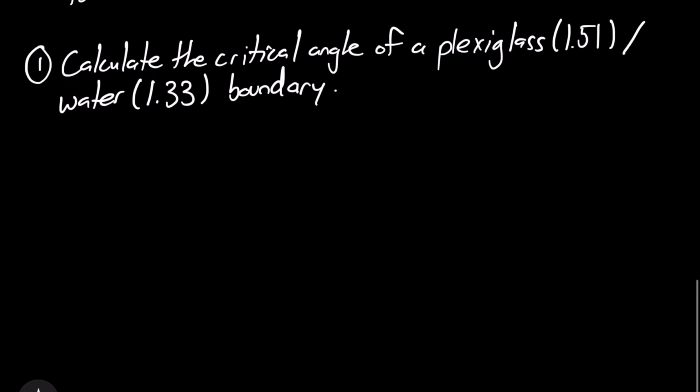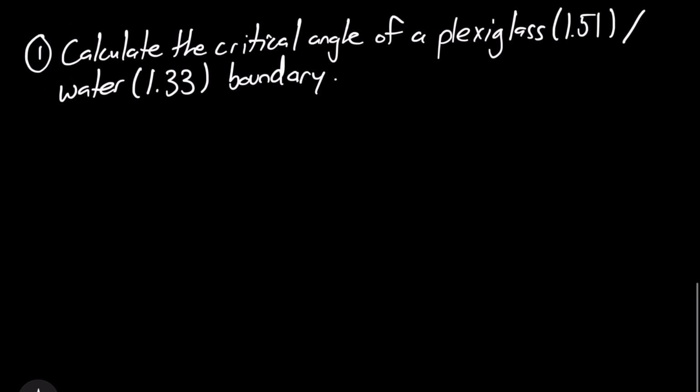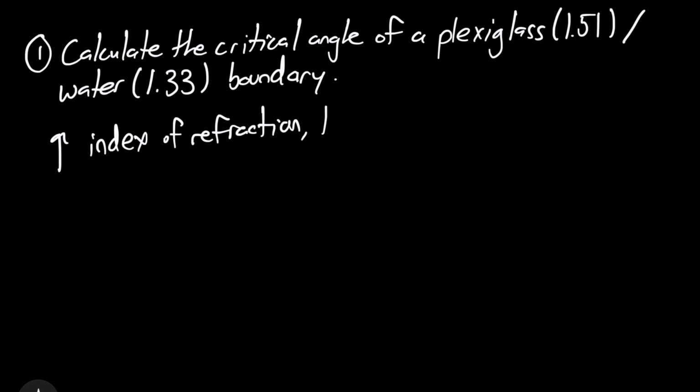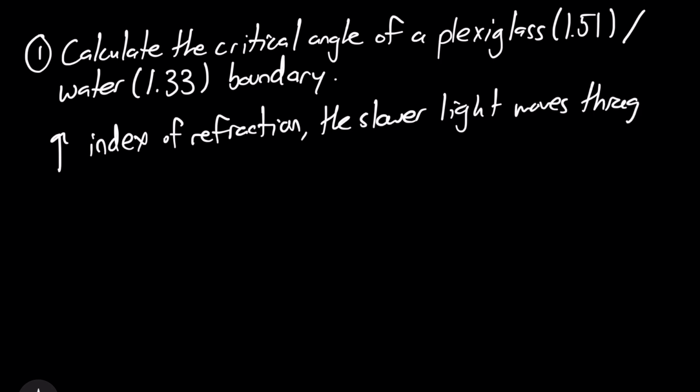So remember, the higher the index of refraction, the slower light moves through it. Okay, so we'll keep that in mind when labeling our N1 and N2.